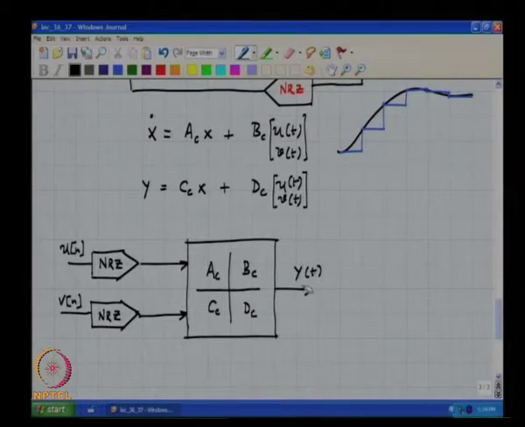We are actually interested in y of n. Is this clear?